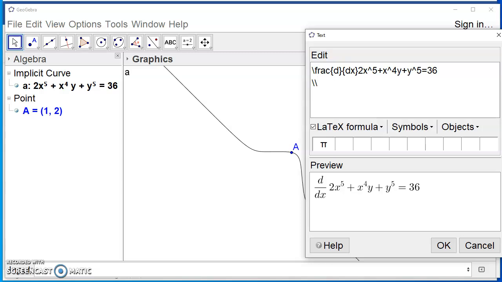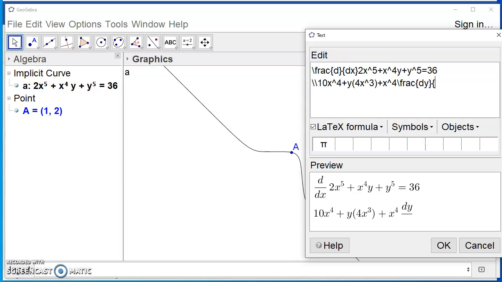Okay. Now to do that, you take the derivative of each part like you normally do. Start with the 2x^5. We get 5 times 2, which is 10, x^4. Okay, the middle term is a product rule. So we're going to get y times the derivative of the x part, right? So 4x^3. And then we're going to get plus x^4 times the derivative of y. Now the derivative of y, we don't know it, right?